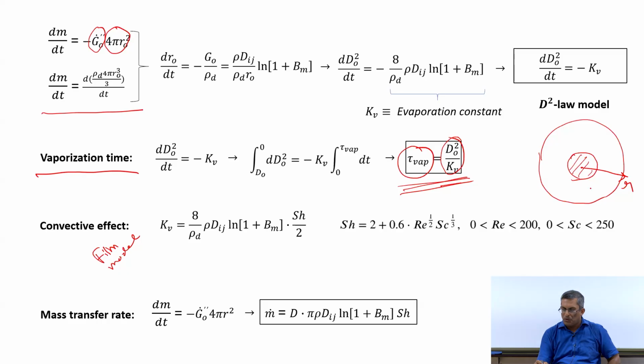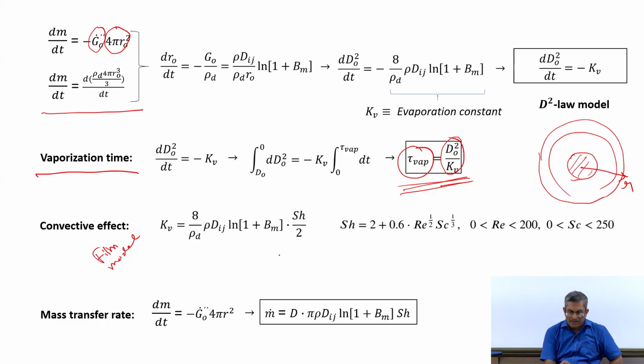So basically you have a film around a droplet where you have the presence of vapor, and based on that it can be shown that you still have this form of diffusion dominated evaporation process. Only thing is that now the gradient is higher.